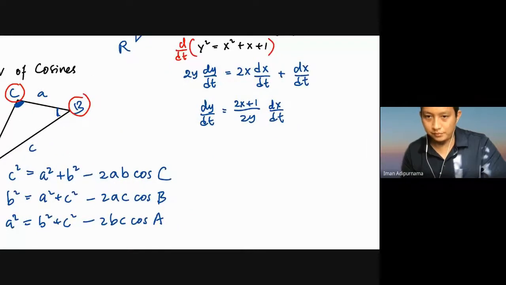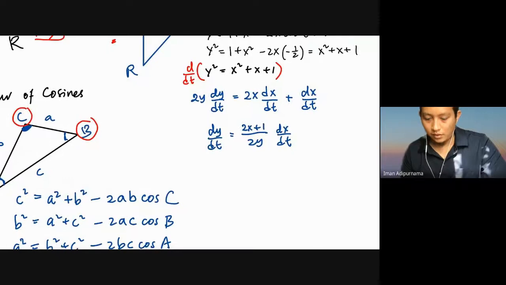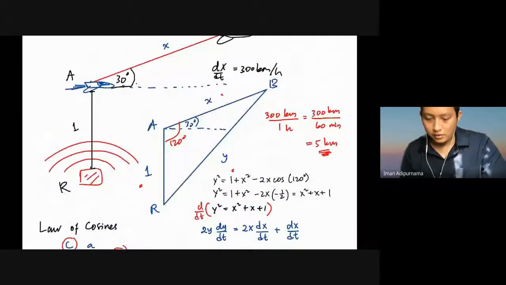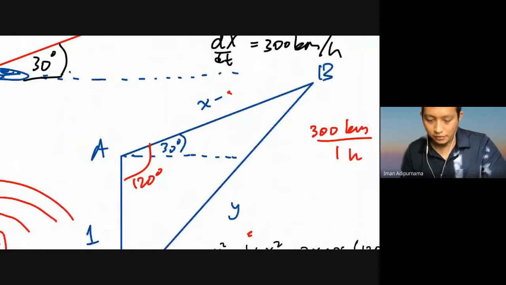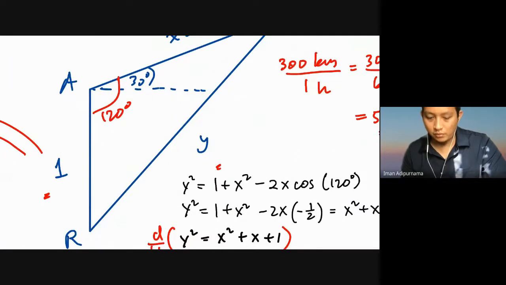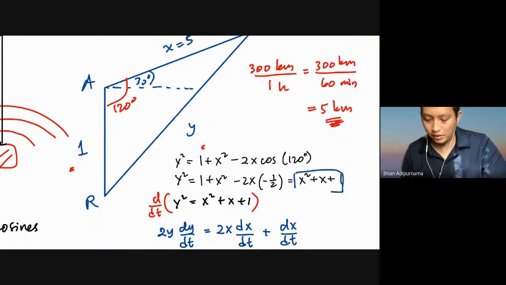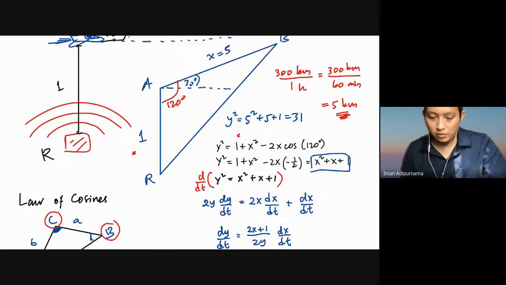So x will be equal to 5. When x is 5, then y we can get from this expression here. So y squared is 5 squared plus 5 plus 1, which is 25, 5, 31. So y will be the square root of 31.